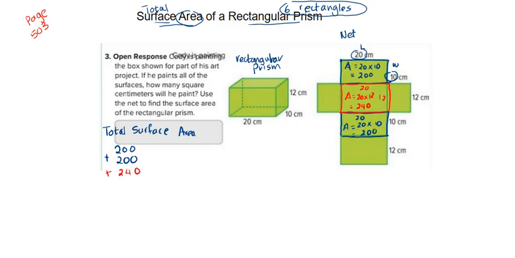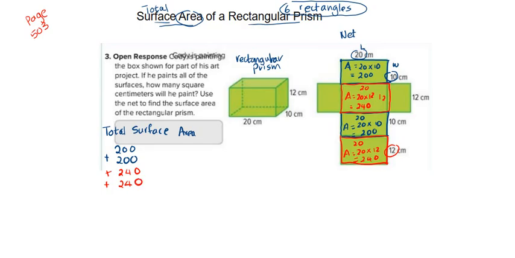Now you know two rectangles will be 240, so this will be the rectangle that will also be 20 by 12, because although this dimension is not given, you know it's the same as that dimension, which is 20, and this dimension is given as 12, so the area here is the same. It's also 20 times 12, which is 240. So we know we're adding in the areas of the two rectangles of 240.